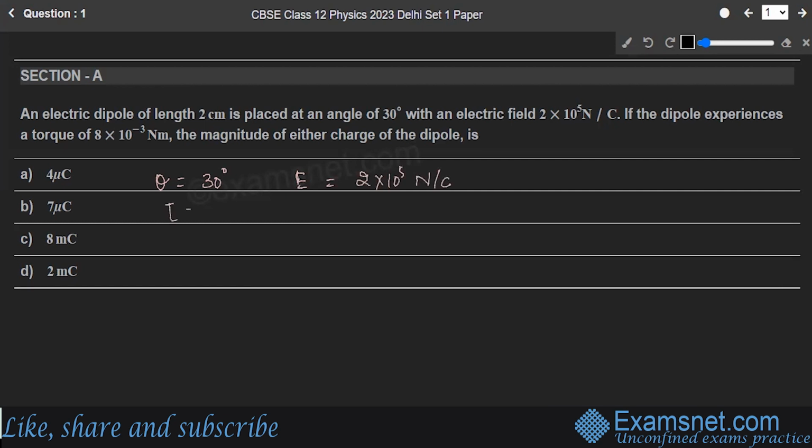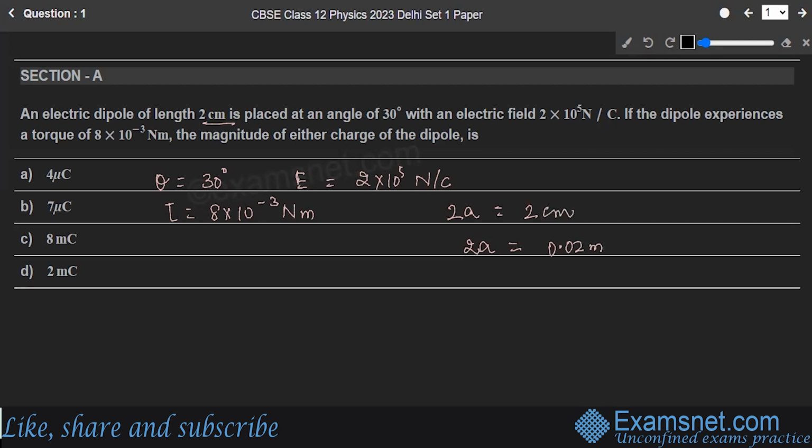Then you are having the torque as 8 into 10 power minus 3 newton meters. You are having the dipole of length 2 centimeters. That means 2A is equal to 0.02 meters.